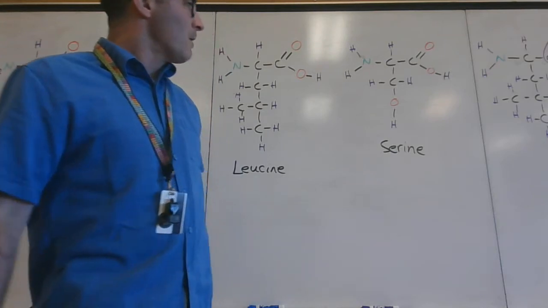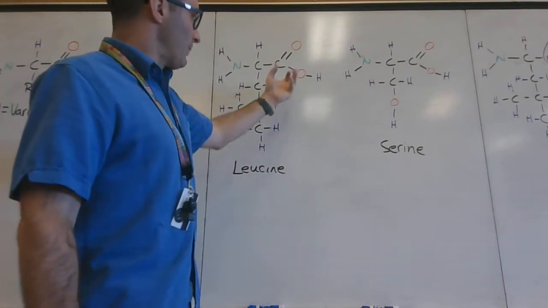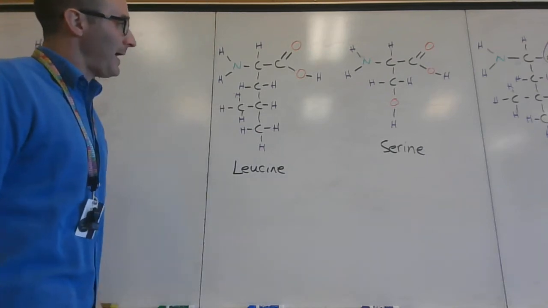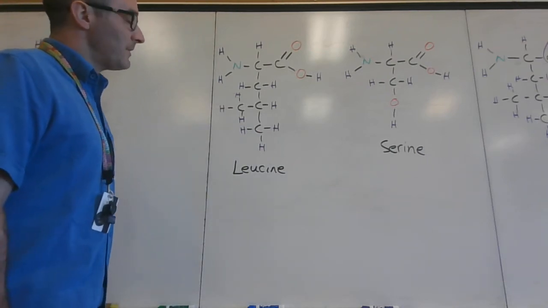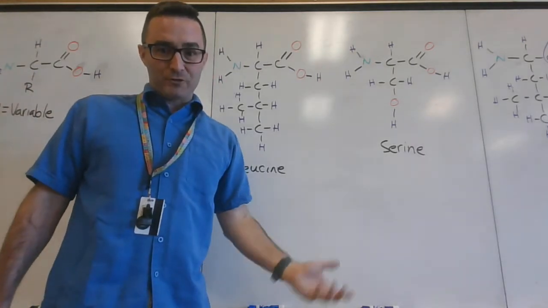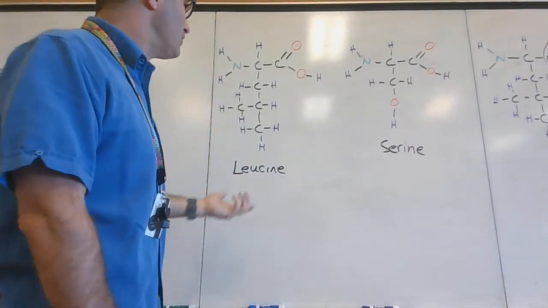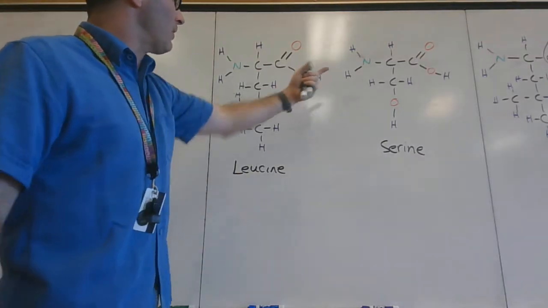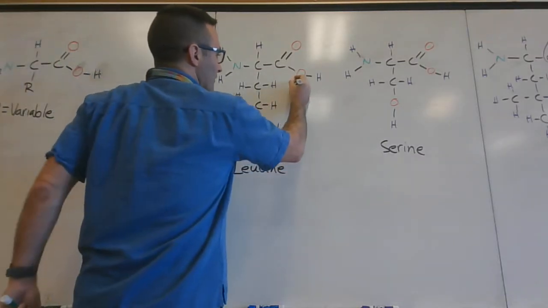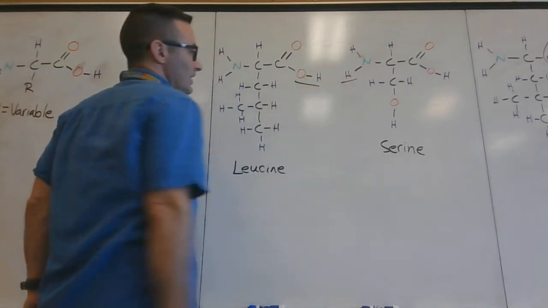Okay. Well, if we wanted to link these two together, well, maybe you're getting to see a pattern here. This time, though, it matters where you're taking your OH from and the H from, because you can only do it from one place. Look what's close to each other here. Well, you've got an OH here and an H here.